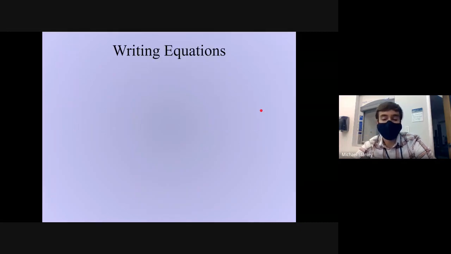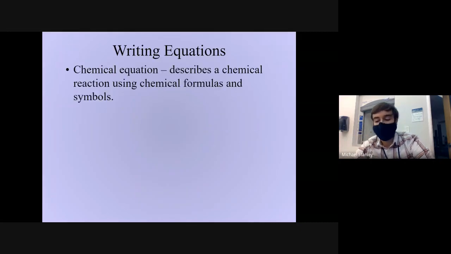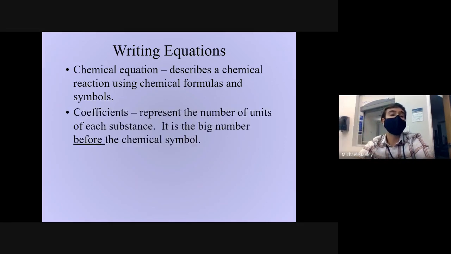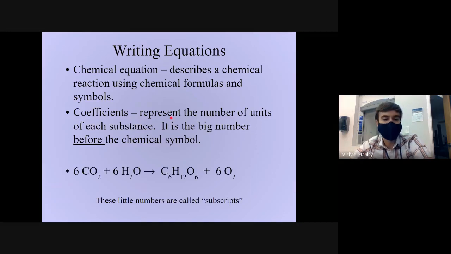And those big numbers, it's science, so of course they get their own special name. They are called coefficients. If there's nothing else that you remember from class today, remember coefficient. It's the big number before the chemical symbol, and it represents how many units we have of each substance.